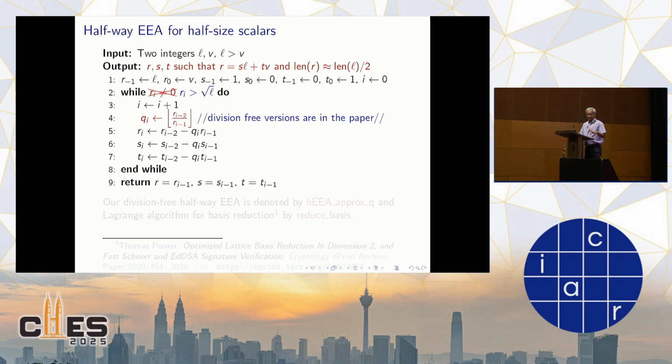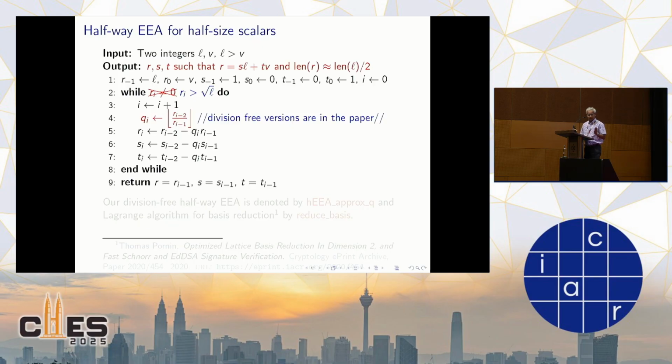So if you look at the algorithm here, this algorithm is actually giving the correct size for variable R and variable T, but the most expensive step in this algorithm is step number 4, where we're determining the quotient.